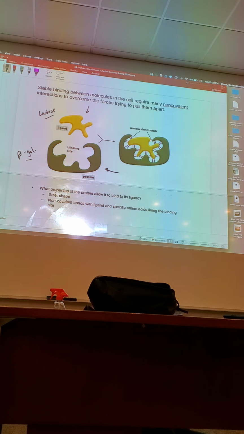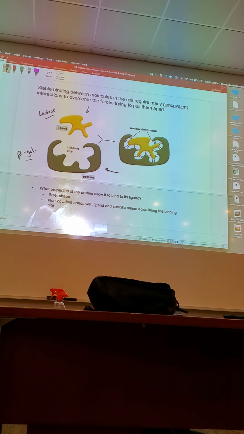And this is a real interaction that we know occurs in bacteria. So how does it occur? Well, there must be a binding site, these nooks and crannies that are present on the folded structure of beta-gal, which I hope you understand has lots of alpha helices and beta sheets, doesn't just look like a green blob.